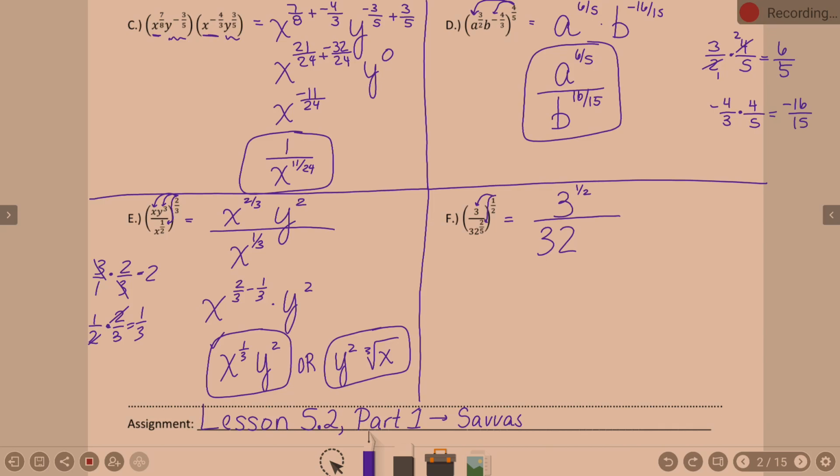You would times the 2/5 and 1/2. Okay, we're going to have to take the 2/5 times the 1/2. When we do 2/5 times 1/2, 2's cancel. You get 1/5.